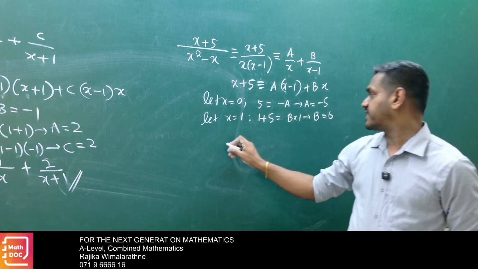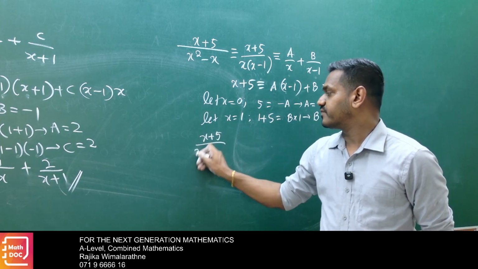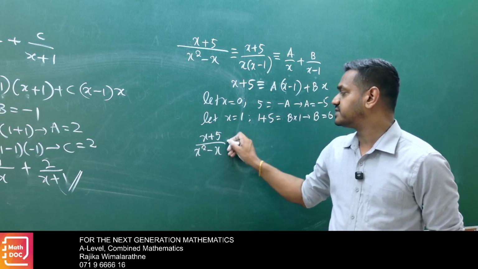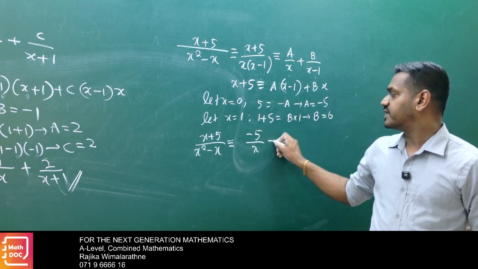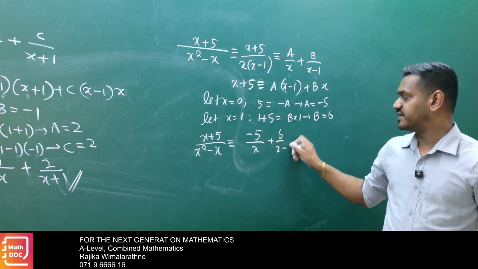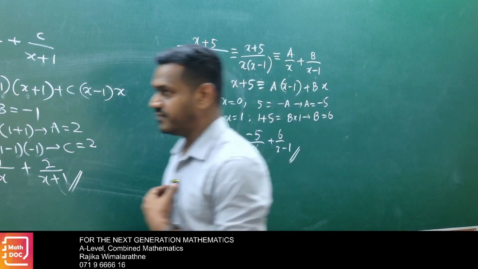Then we have the partial fractions: x plus 5 over x squared minus x is identical to minus 5 over x plus 6 over x minus 1. Those are the partial fractions. Complete.